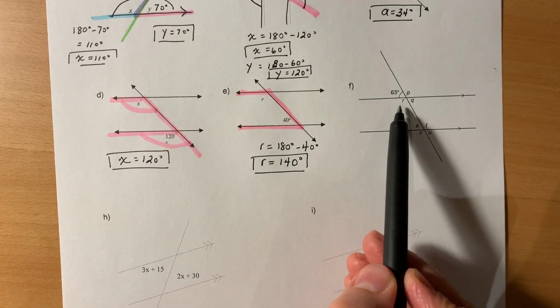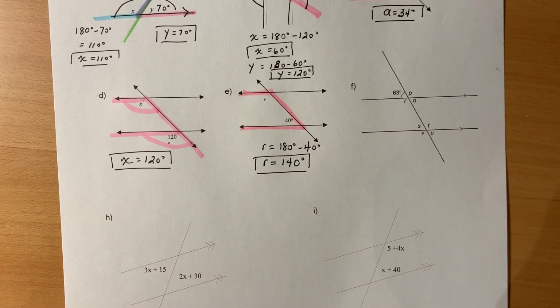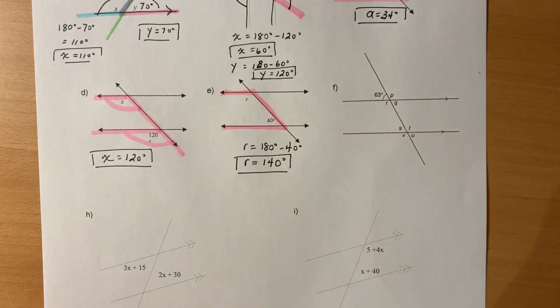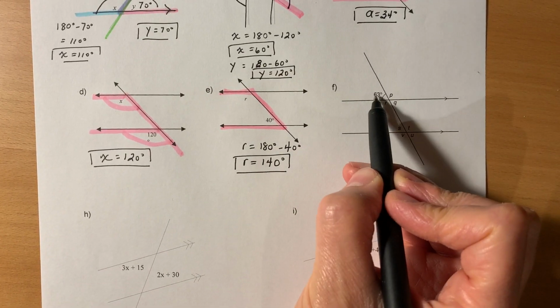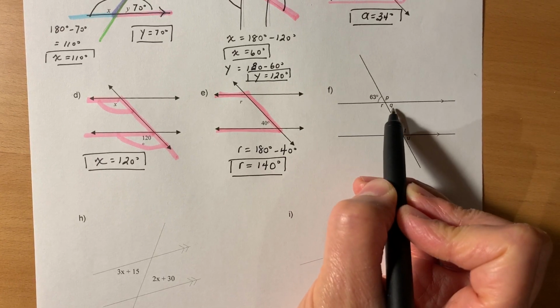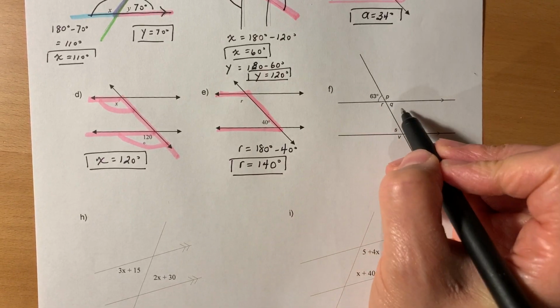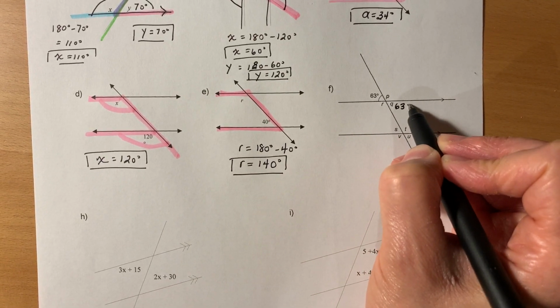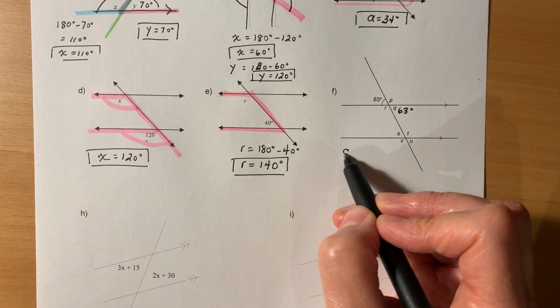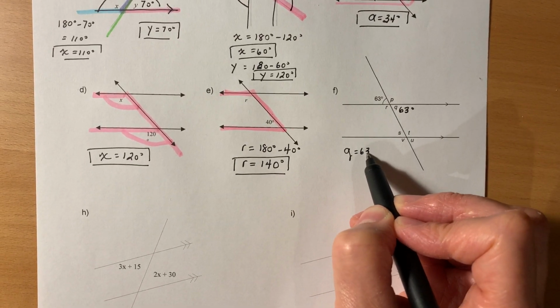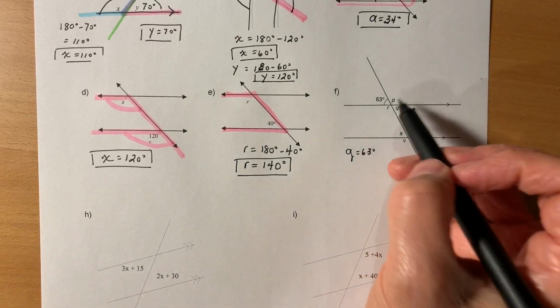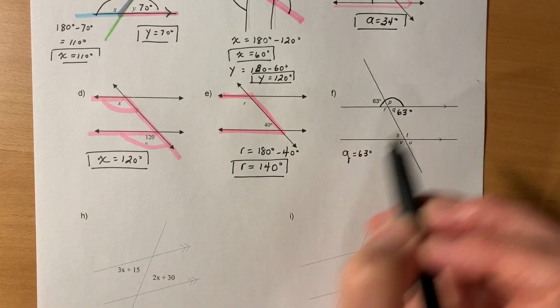This one here, there's lots of things we have to figure out. So again, where you begin is up to you. I notice that 63 and this Q, they're opposite each other. So I know this is 63 degrees, so that's what Q equals. Another thing I know is that these are supplementary.